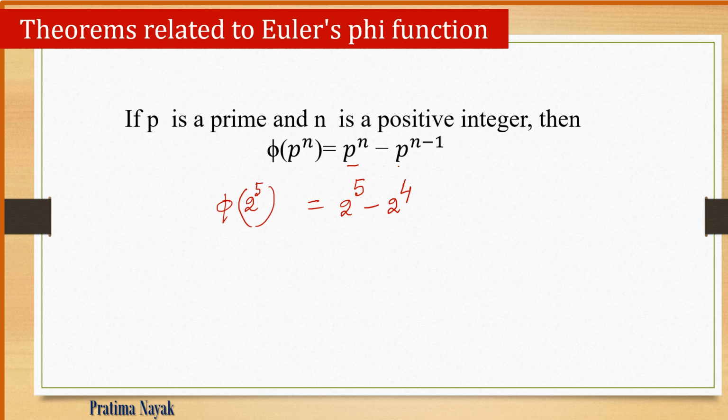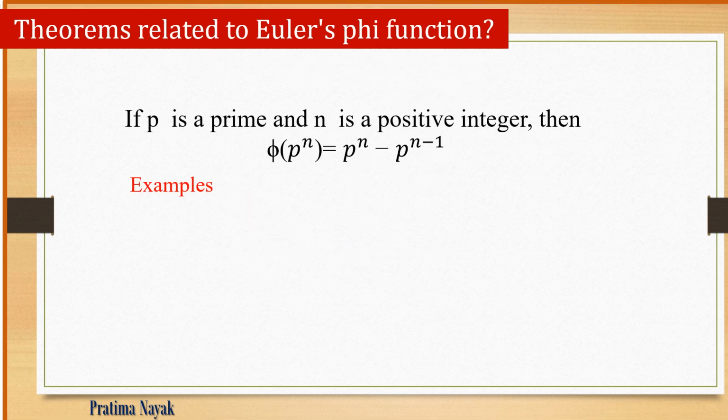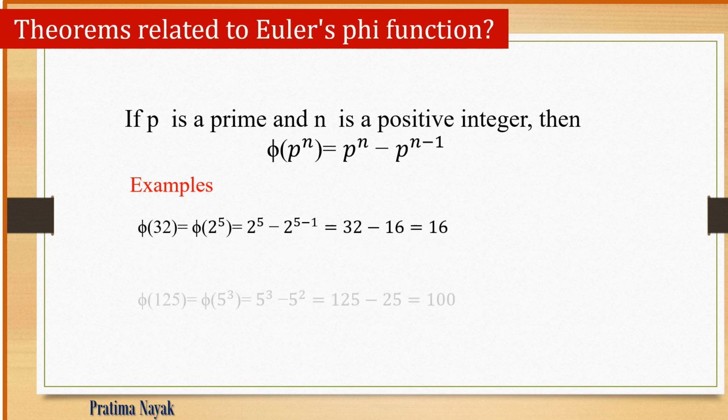Here I have taken P as a prime number, 2, and n is any positive number. So 2 to the power 5 is equal to 32, minus 16, that will be 16. So this is the example we have done.